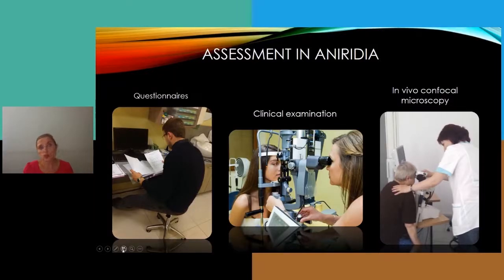However, for patients with aniridia they could be very challenging, because some of them have very low vision and quite significant nystagmus. So currently, we are trying to work out a way to utilize questionnaires for patients with aniridia.